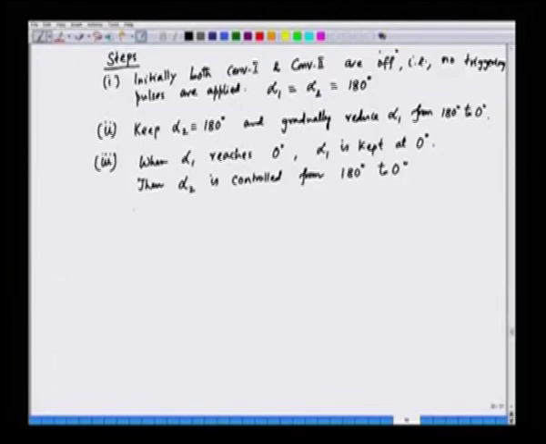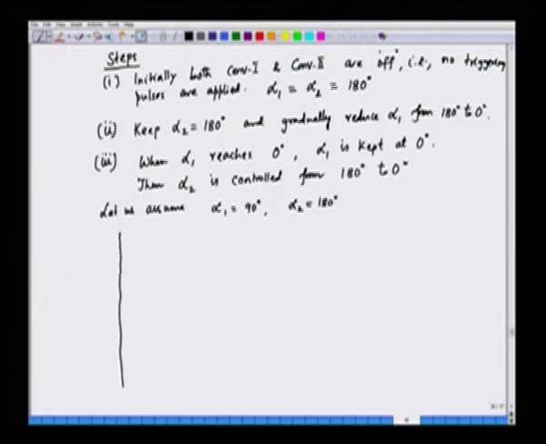Let us assume that alpha 1 is equal to 90 degree, and alpha 2 is 180 degree.